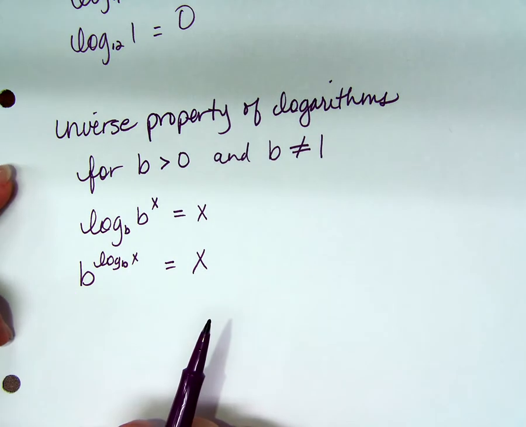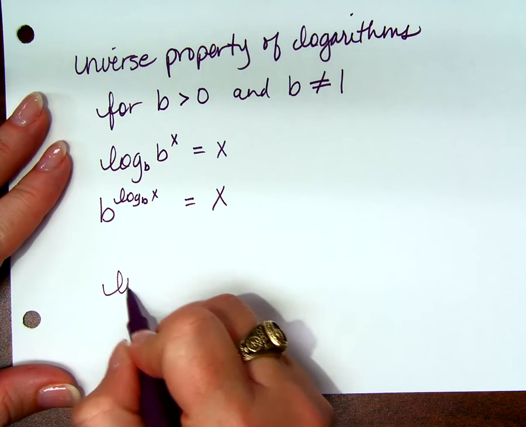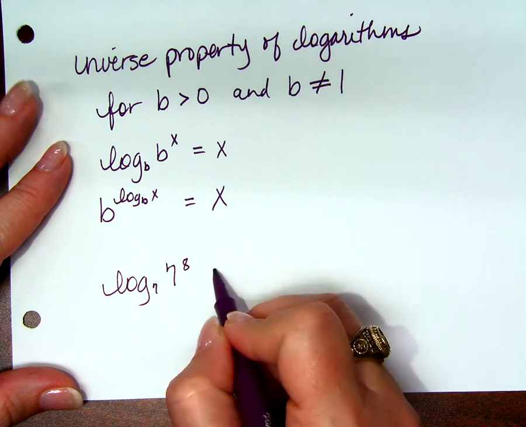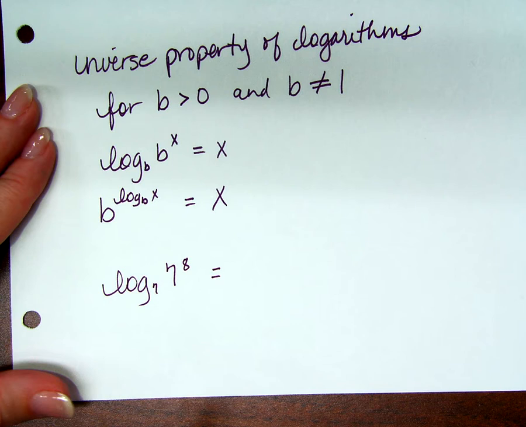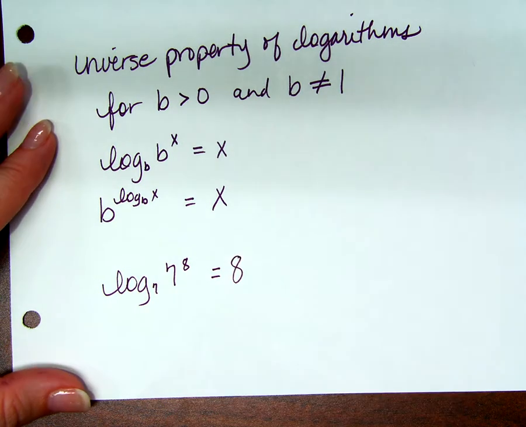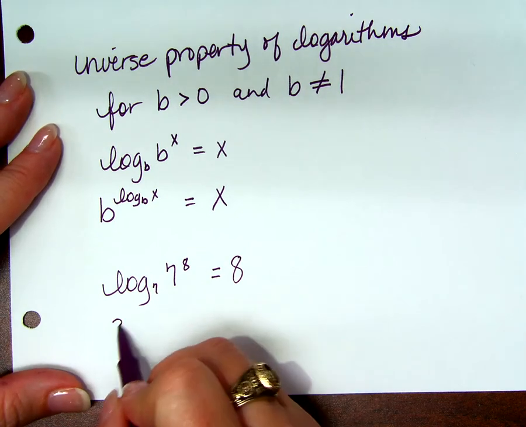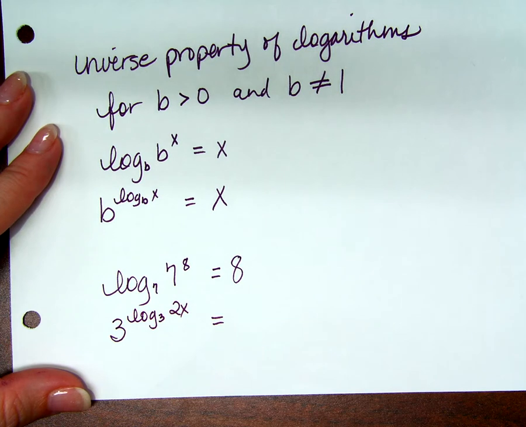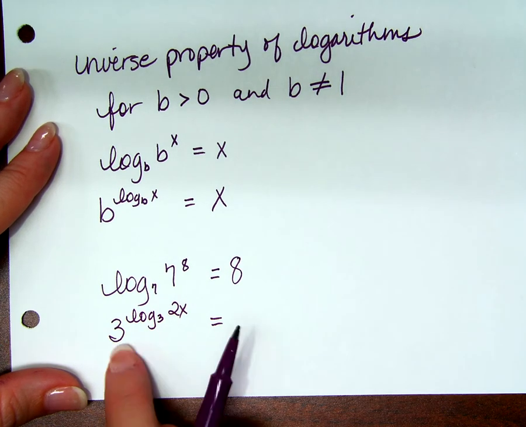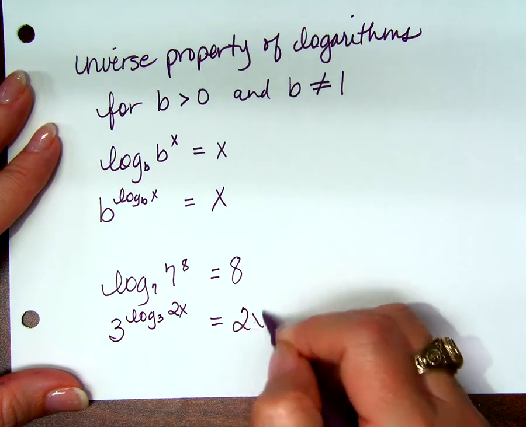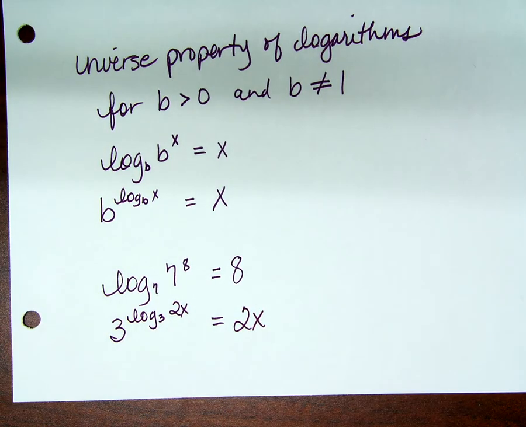So if I say log base 7 of 7 to the 8th power, what does that equal? When the base and base are the same, the answer is the exponent. So 8. 3 to the log base 3 of 2x, what does that equal? When the base and the base are the same, the answer is right there. Any questions about that?